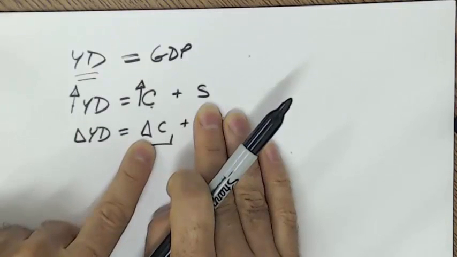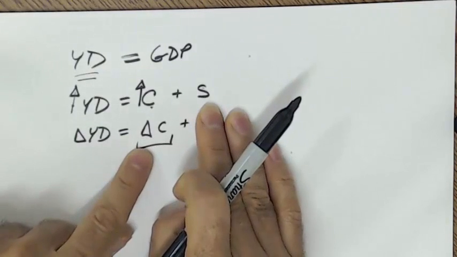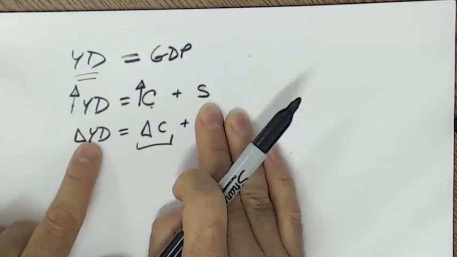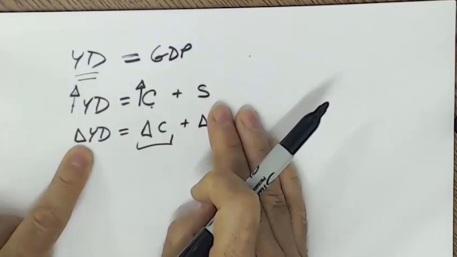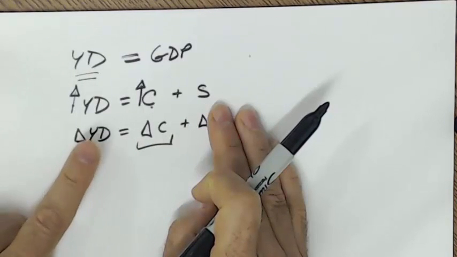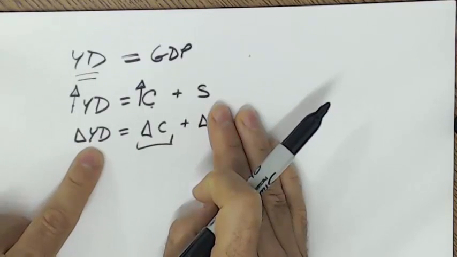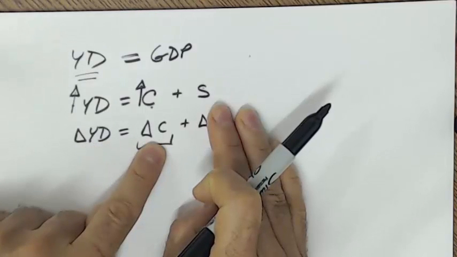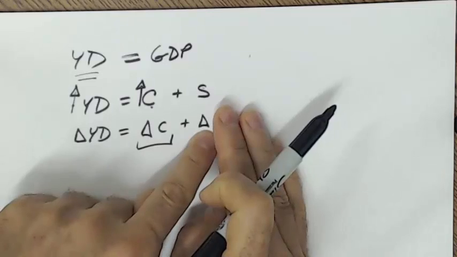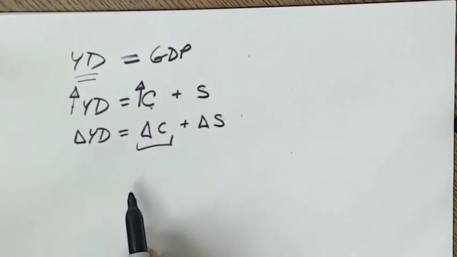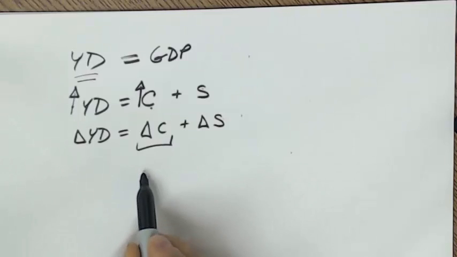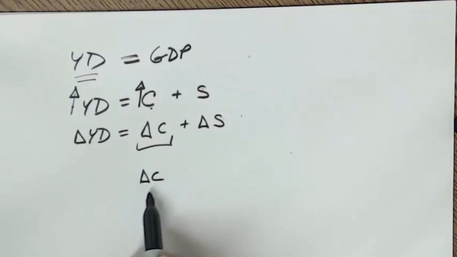That tends to happen in lower income people. For every dollar they get, they tend to spend it because they don't have the ability to save. People in higher income brackets get income, consume only a portion of it, and save the rest.